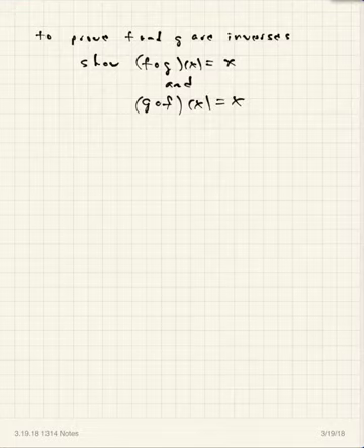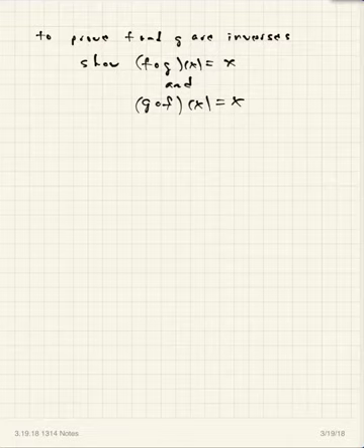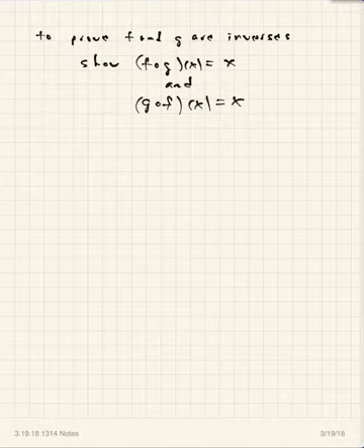On your next exam, in exam 3, I will ask you that. I will give you two functions and say, are these inverses of each other, right? And this is how you would show that they're inverses of each other, is you'd look at the compositions and see if you actually get x as an answer at the end, right? If you get x as the answer, then yes, those are inverses of each other.